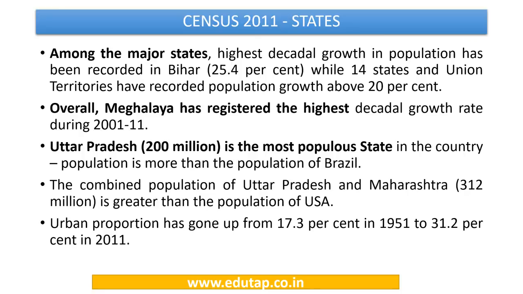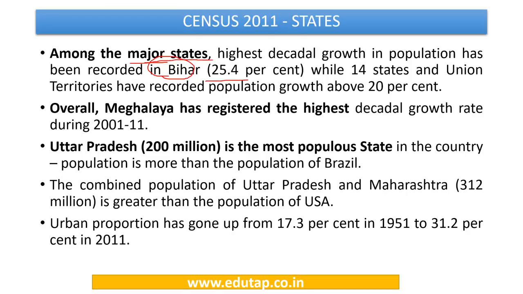To answer this question, we must have some basic understanding of population distribution among different states in the country. Among the major states, the highest decadal growth in population has been recorded in Bihar, which is 25.4%. Mind you, these are the major states.